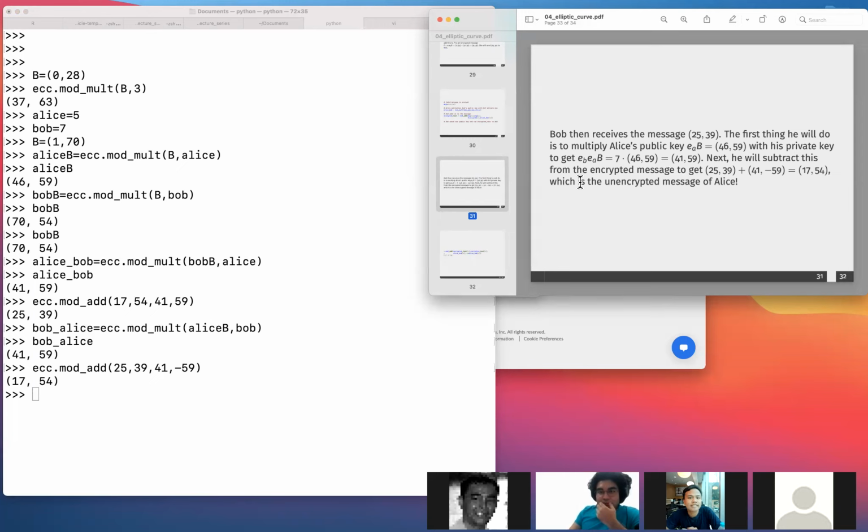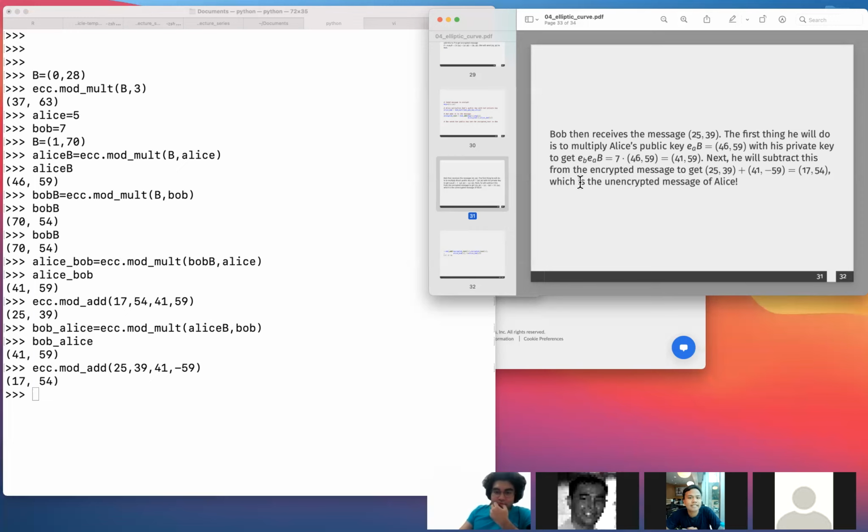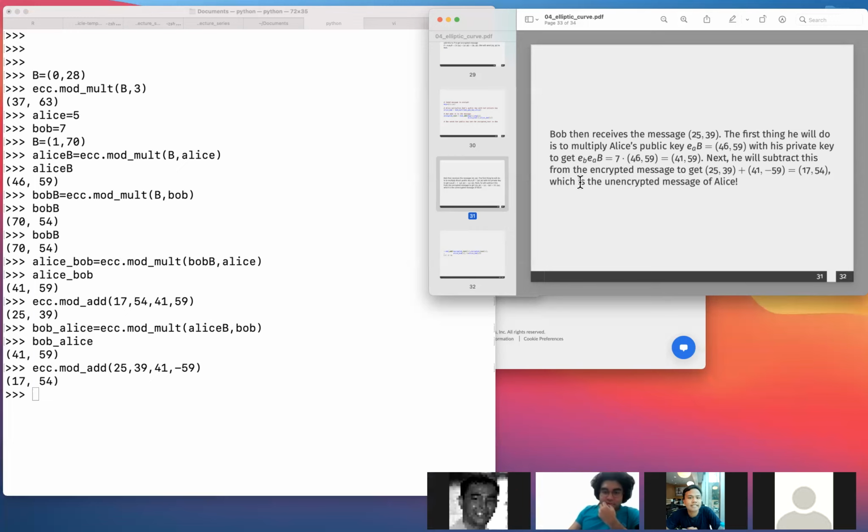Those are the inventors. So RSA is another encryption based on the hardness of factoring a very huge composite number. So that's the RSA, and this one's elliptic curve.